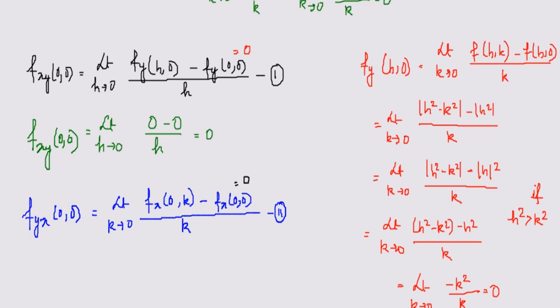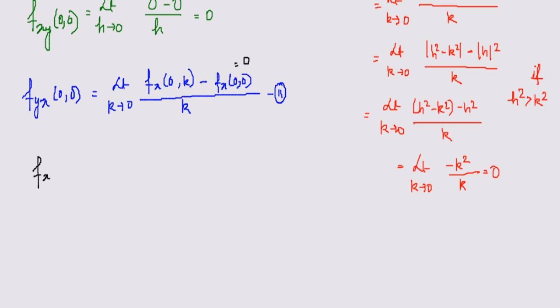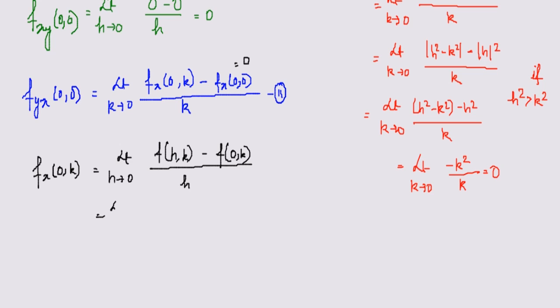So we have to find f_x at (0,k). It is nothing but the limit as h tends to 0 of [f(h,k) - f(0,k)]/h. We can write it simply as |h² - k²| minus |k²|, divided by h.